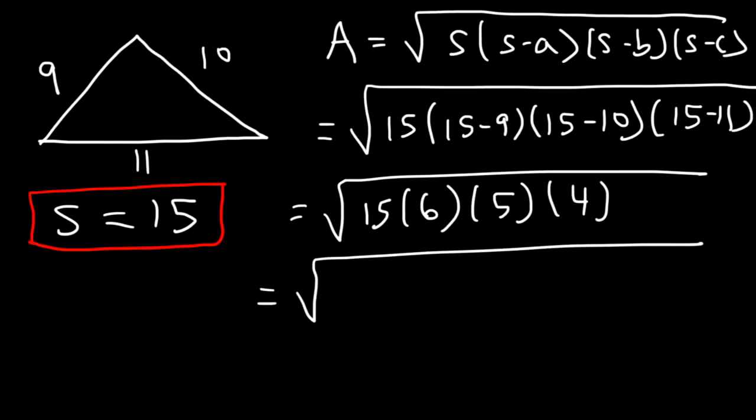Now let's see if we can simplify this an easier way. 15 can be broken into 5 and 3, and 6 is 3 times 2. I'm not going to change the 5, and the 4 I'm going to leave alone.